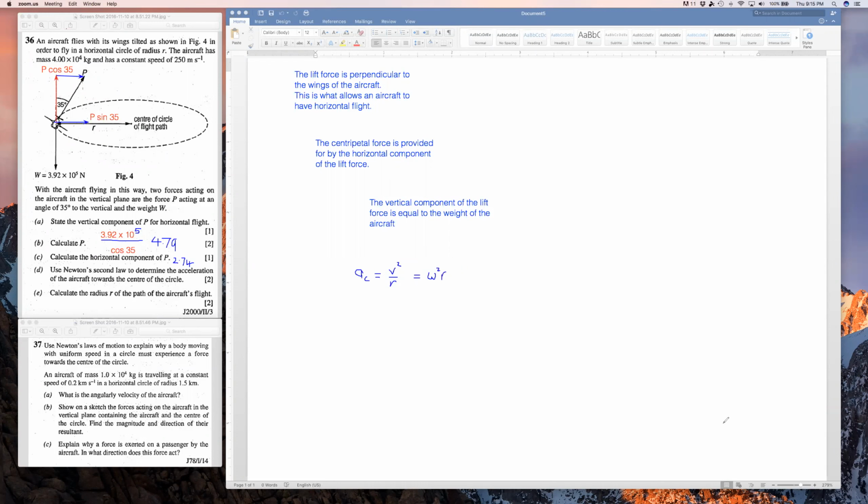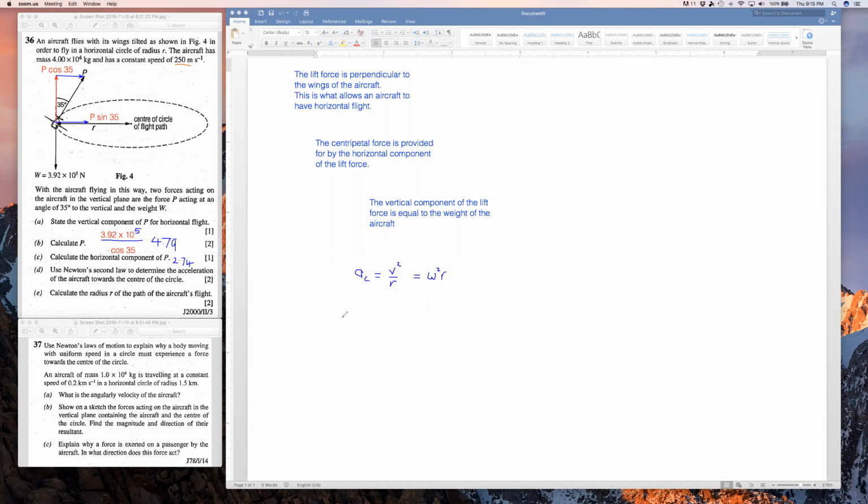In this question, we were not given omega, or a means by which we can find omega, and certainly here's our v. But we don't know r either, so we're in a bottleneck there.